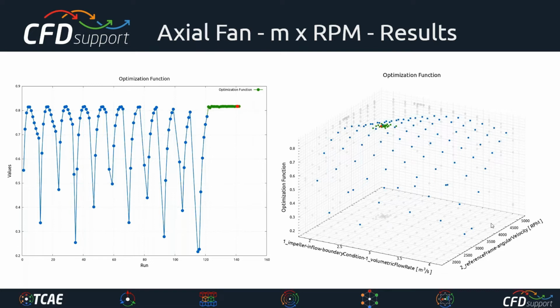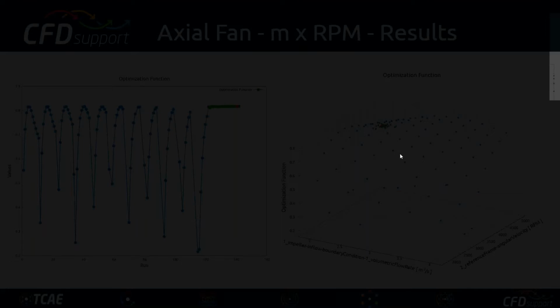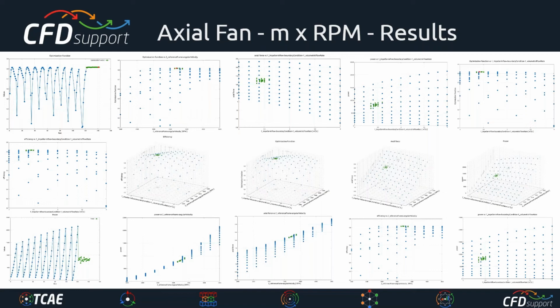This is like a 3-axis plot where you can see how, with only two dimensions, complex the problem can be. Of course, in the real world, it is the same case, but with multiple plots where you can see the power, the axial force, the pressure, and a lot of other dependencies between parameters.